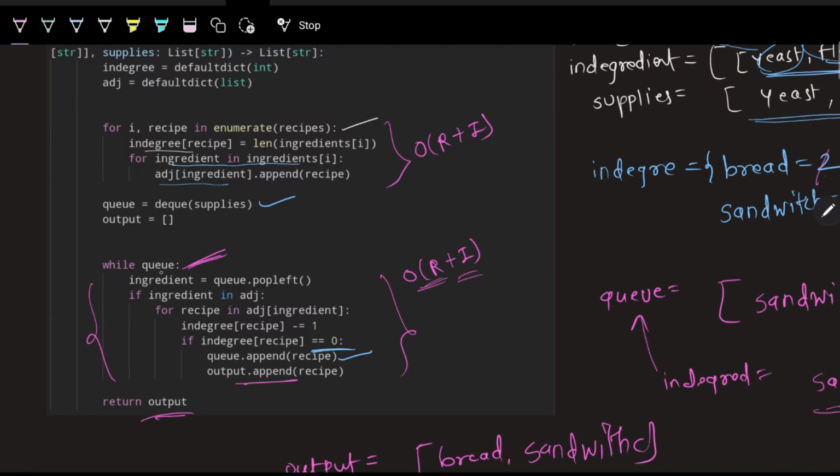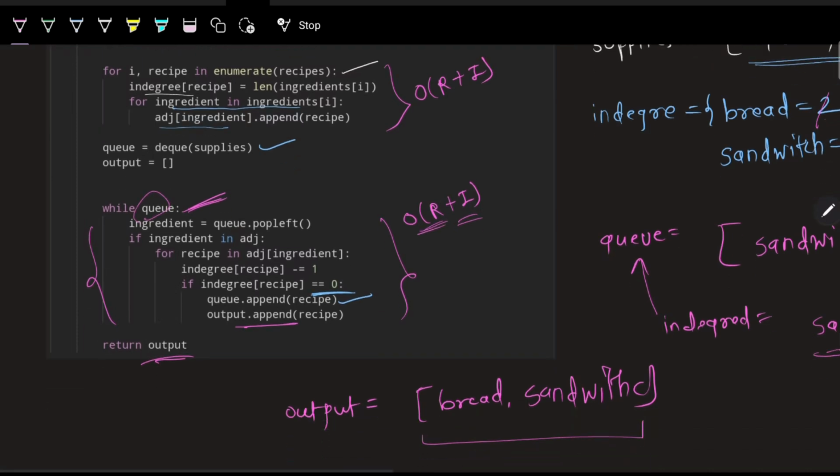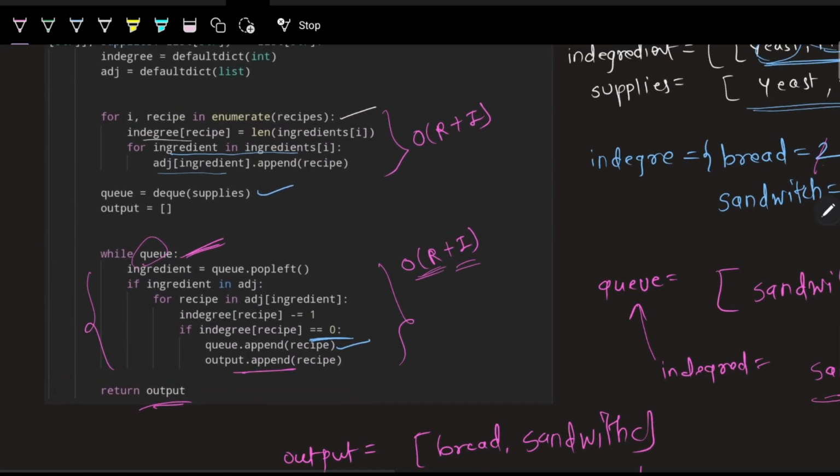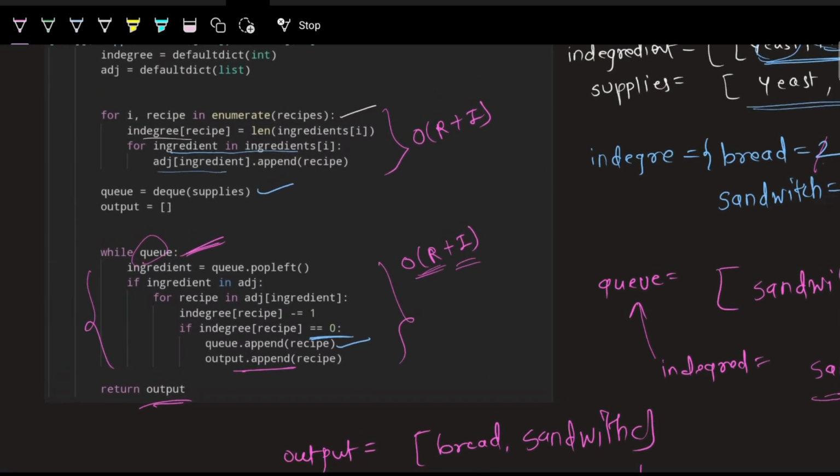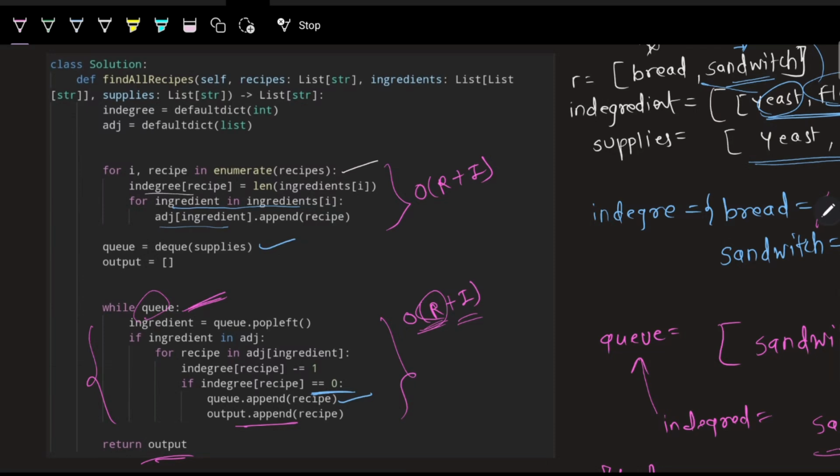The space complexity would be big O of R plus I: the number of recipes that we put into the in degree, and the adjacency list will have the ingredients that we put in there.